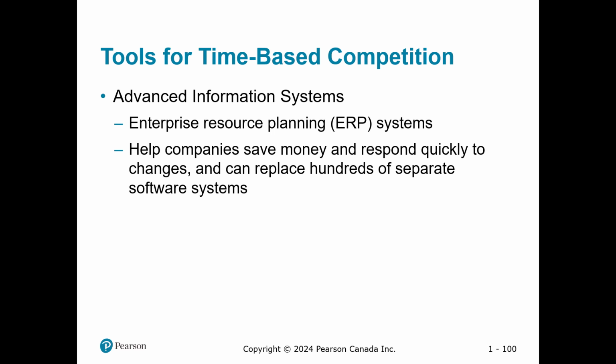We also want advanced information systems. So for instance, enterprise resource planning, an ERP system. Now an ERP system is basically management software, and it integrates and streamlines a whole bunch of business processes.